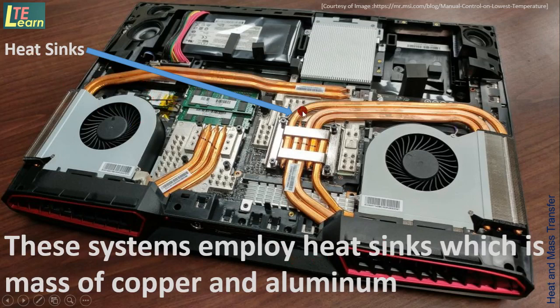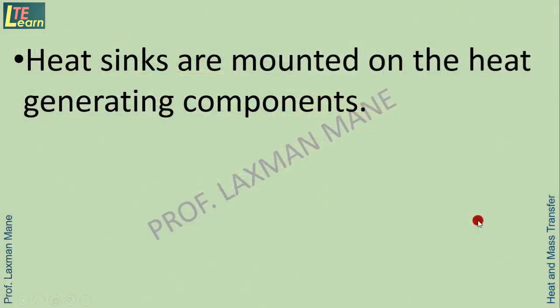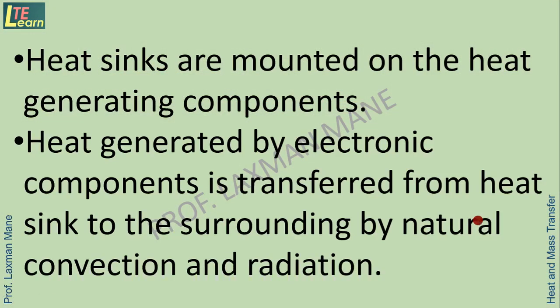A heat sink is a device which is made up of copper or aluminium. It carries heat generated by the electronic components, and then this heat is released to the atmosphere by means of this fan which is provided here. These fans circulate air over these heat sinks. Thus heat from the heat sink is moved to the atmosphere by the mode of convection and radiation.